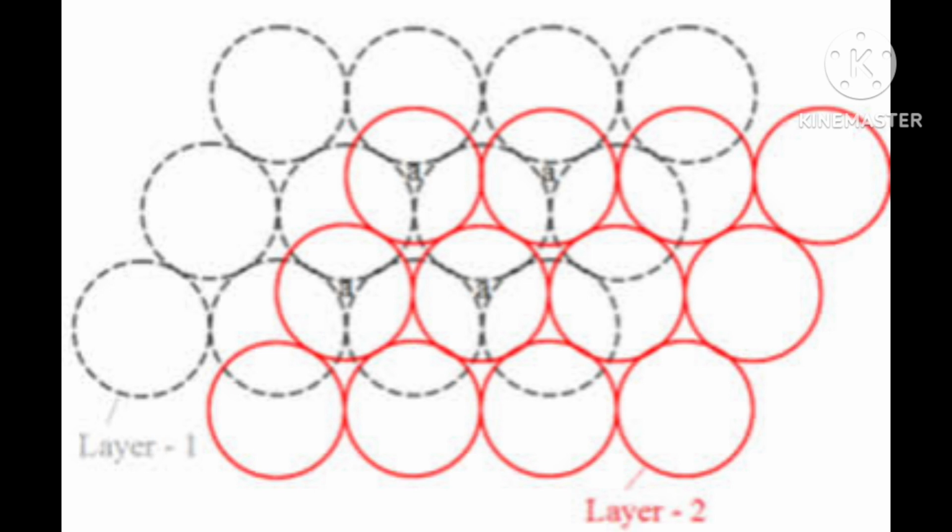One of them has the apex of the triangle pointing upwards and the other downwards. This is different, because you are talking about AB type. Already I told you. Then these voids have been marked as O. There are two O. O means octahedral. Such voids are surrounded by 6 spheres. That's why it is octahedral, and they are called octahedral voids.